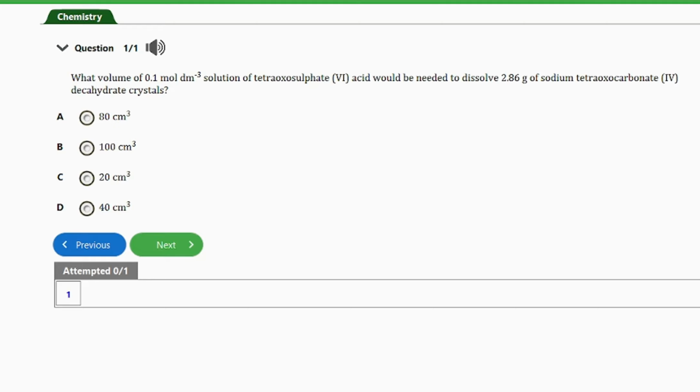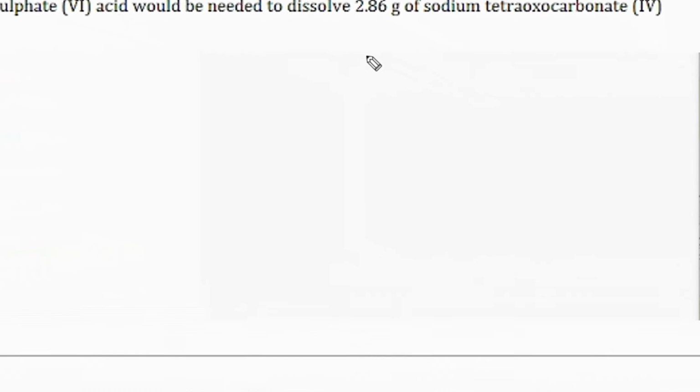First of all, we know that the first thing to do is to write the equation of the reaction. So let's go ahead and zoom in right here to our workspace and then write the equation of the reaction.